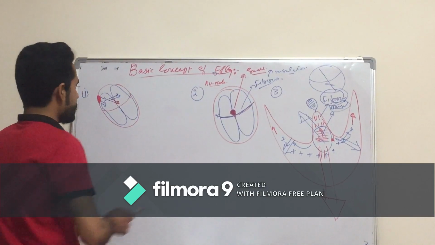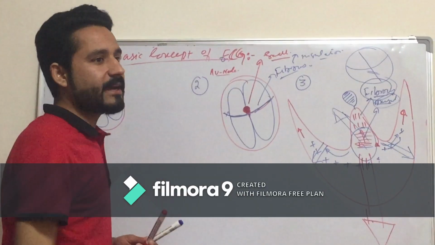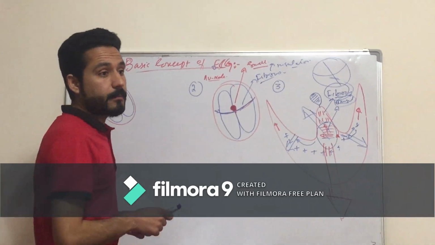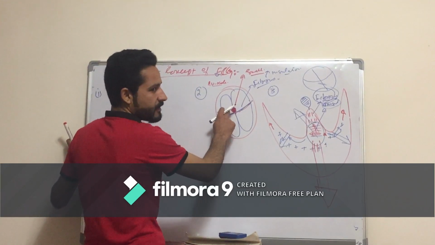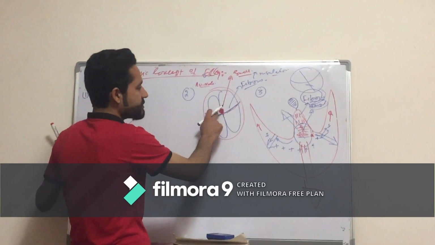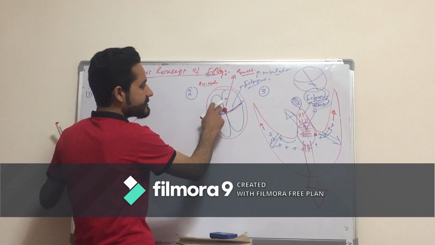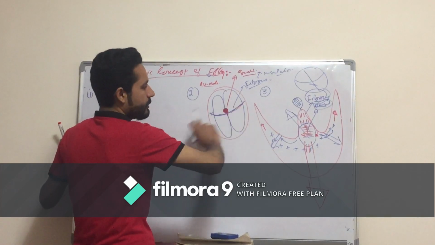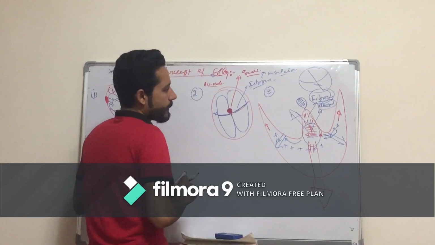Now this is the first vector. During one complete cardiac cycle, how many vectors will form? This is the first one. At the AV node there is no vector formation, because the AV node is very small and the electrical impulses are not picked up by the ECG machine, so the line will remain straight. We will study this later.